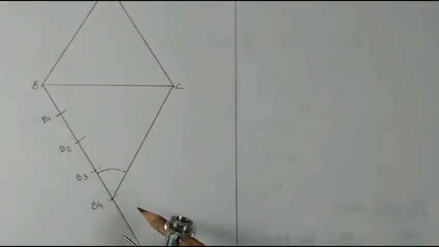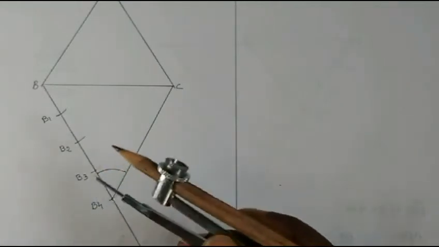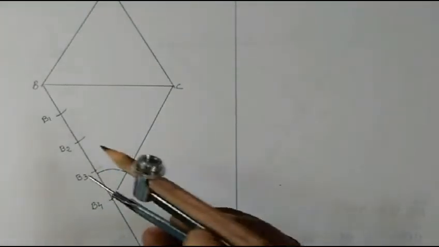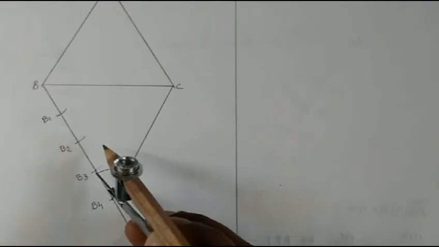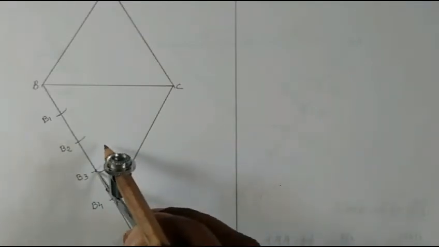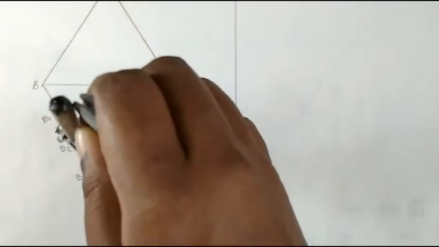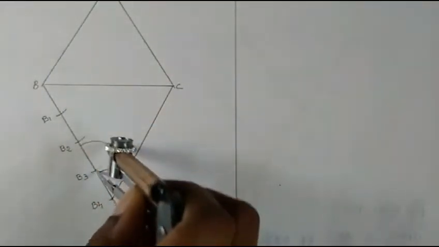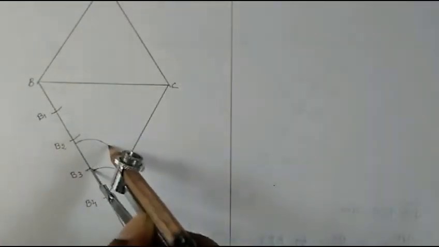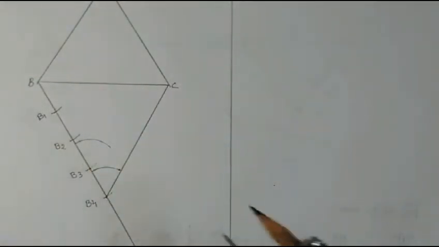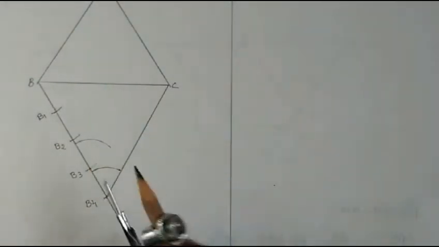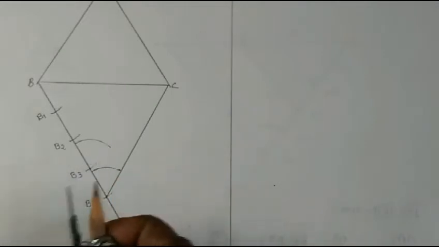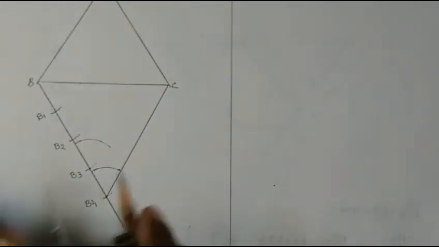After constructing the angle, with the same measurement take point 3. Here only we have to do point 3. On this point also keep this and construct the angle. After constructing the angle, now measure this angle. Let us measure how much it is.